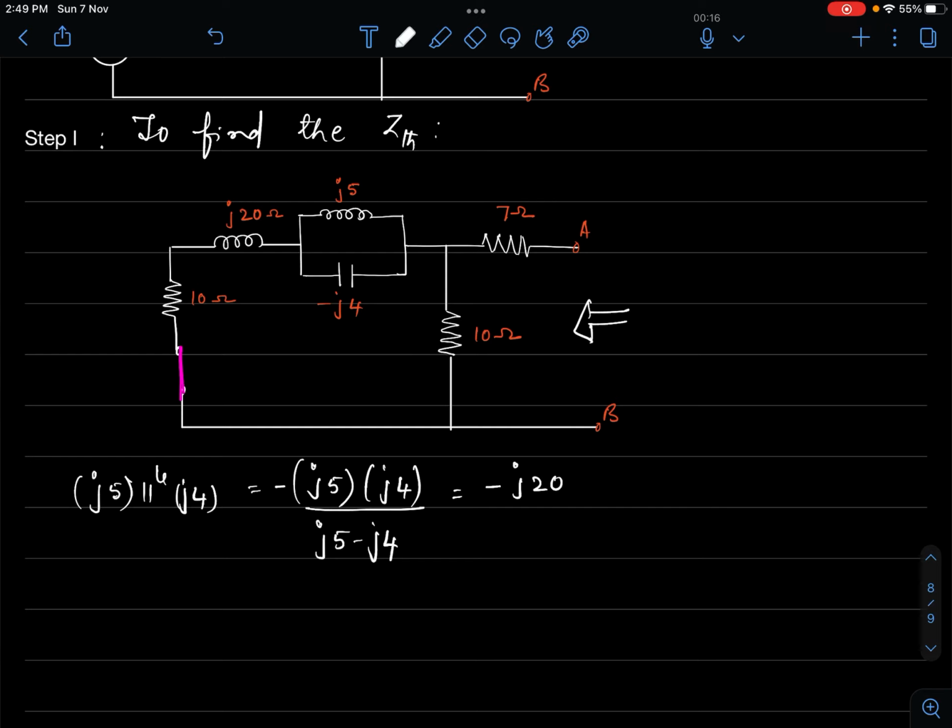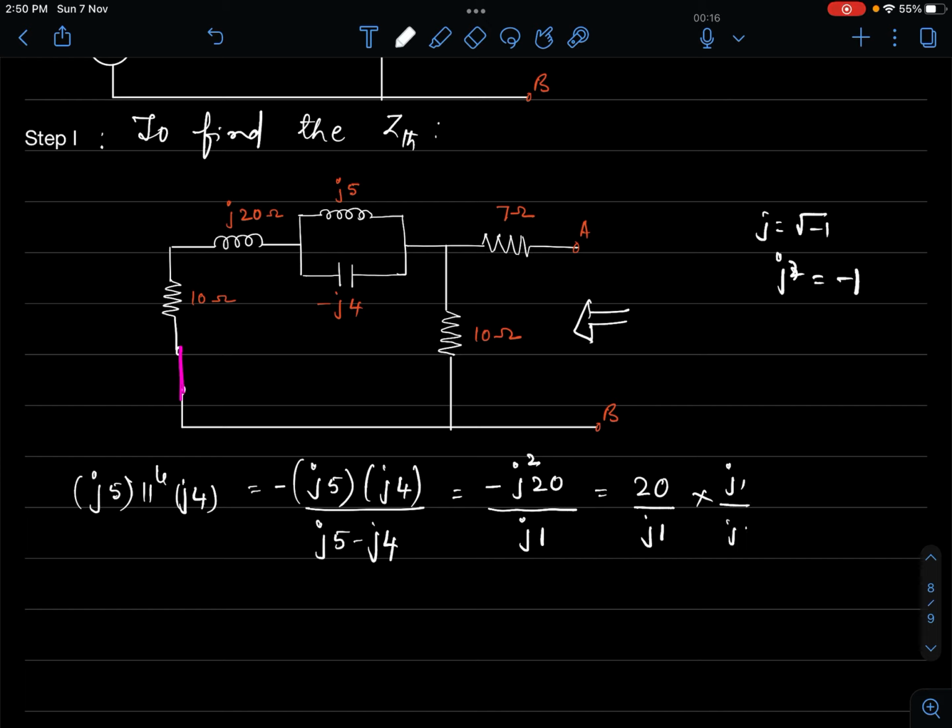This is going to be minus J square 20, I'm going a little slow, divided by J1. J square again is minus 1, because J is the square root of minus 1. So this is going to be simply 20 divided by J1.